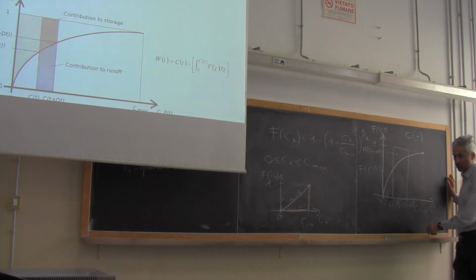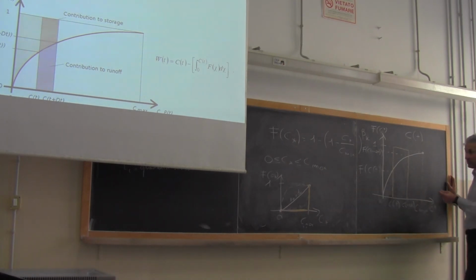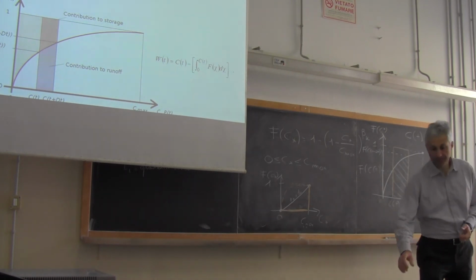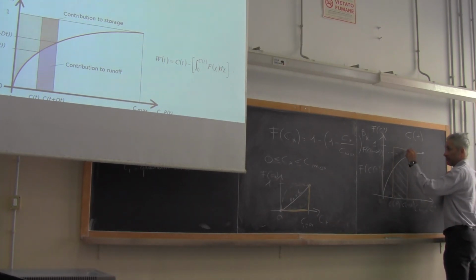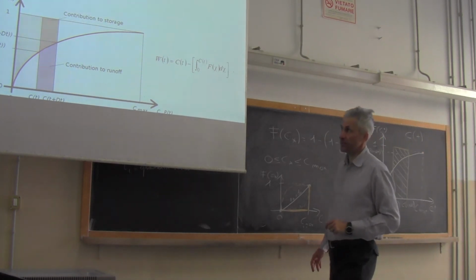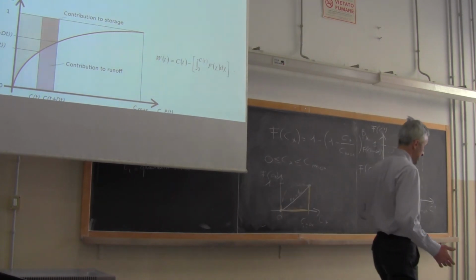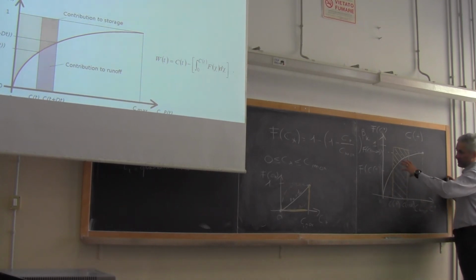Let's look at this area, which is split into two parts: a part below the curve, the progress of the curve of the model, and the part above the curve. What is storage and what is runoff? What is the area below the curve?